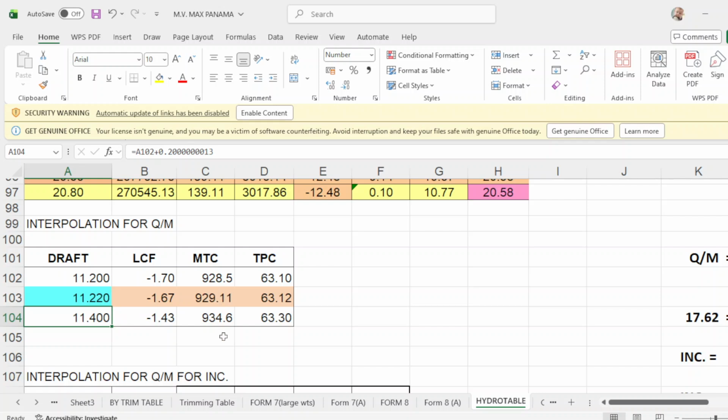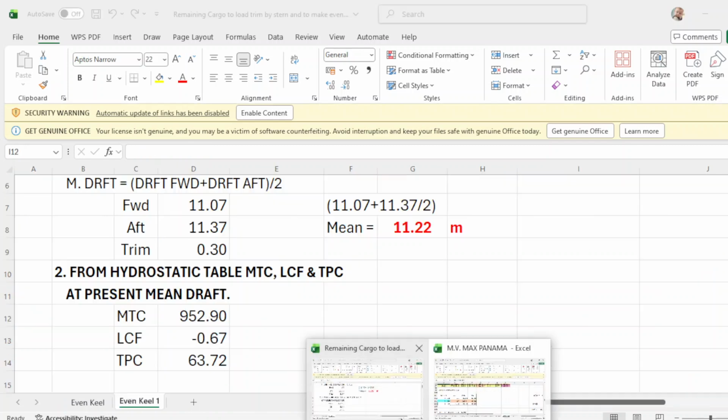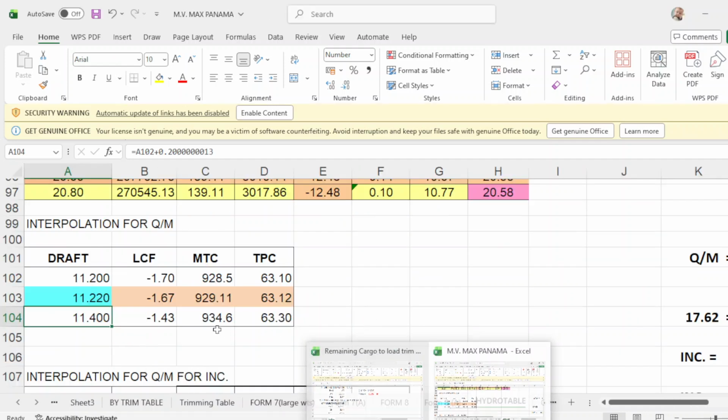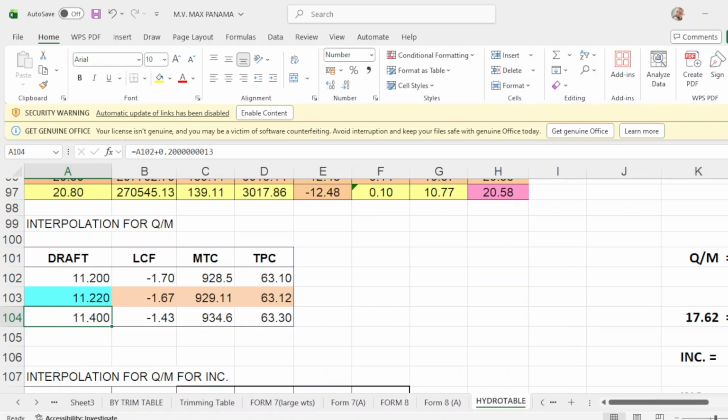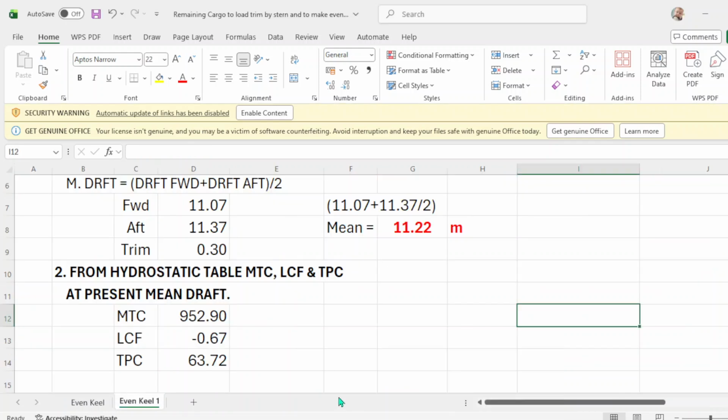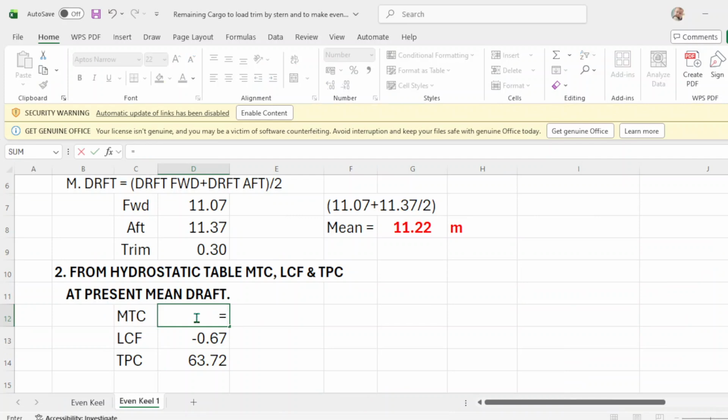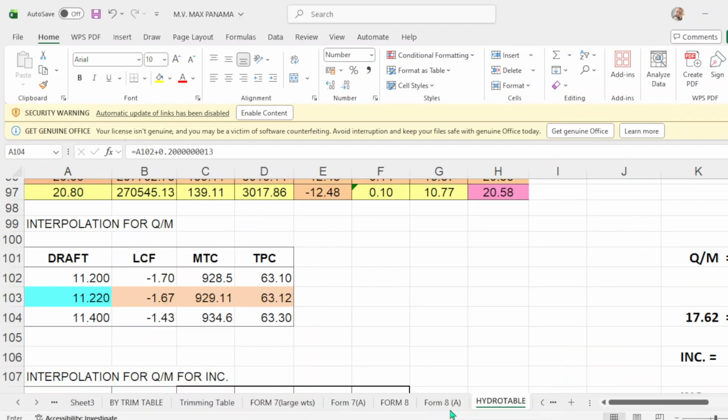So this one, what is the MTC? MTC is 929.11.